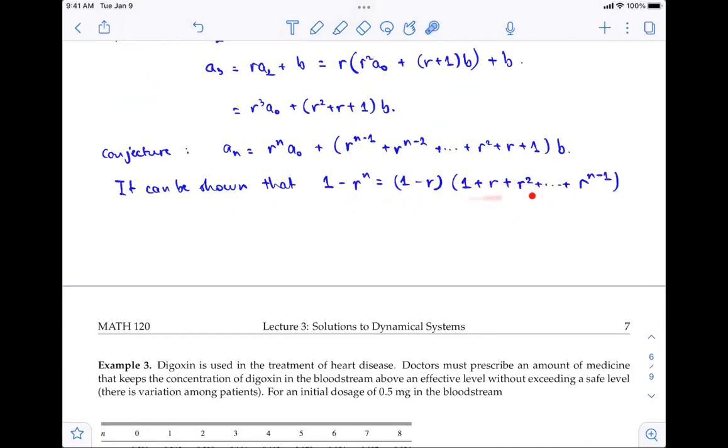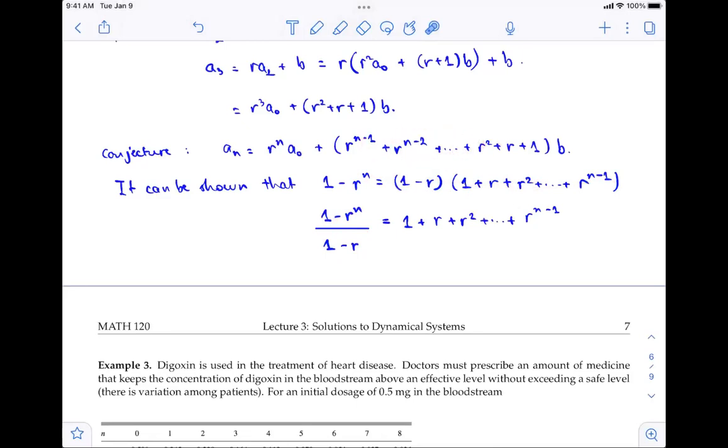And you get this formula using long division. If you take 1 minus r to the power n divided by 1 minus r, you will get this polynomial. Okay, so we can rewrite 1 plus r plus r squared up to r raised to the n minus 1 as 1 minus r to the power n divided by 1 minus r.